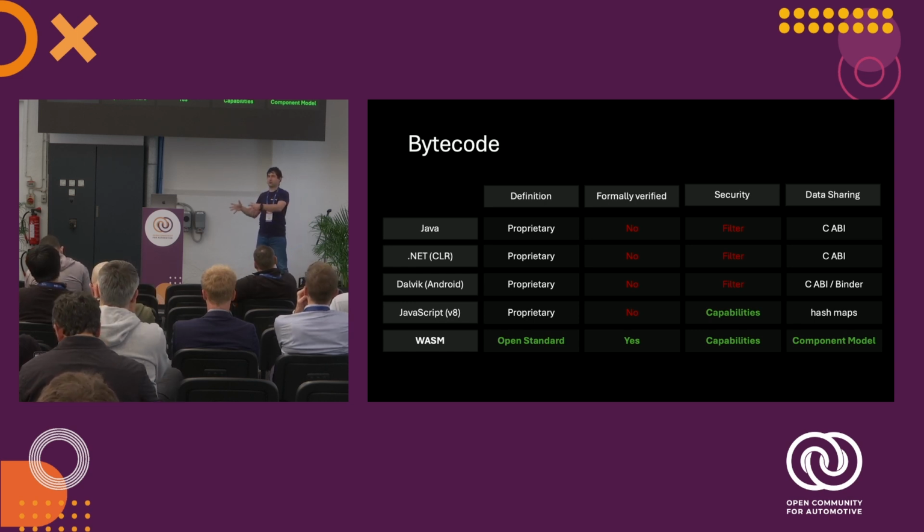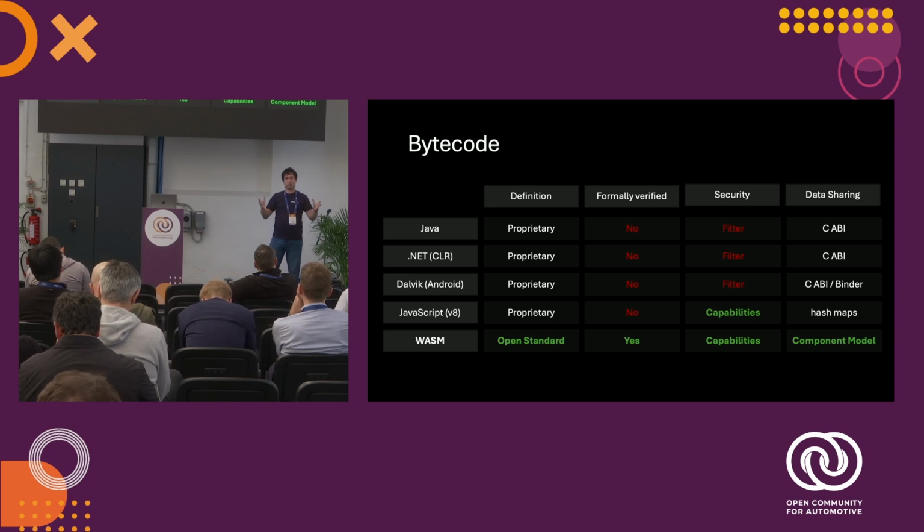Great choice at the time, terrible choice today. Dalvik has Binder, which is Android specific. And for JavaScript, it's mostly hash maps. Any data structures that you have in JavaScript turn into hash maps, more or less. For WASM, we have the component model, which we will talk about in a minute.